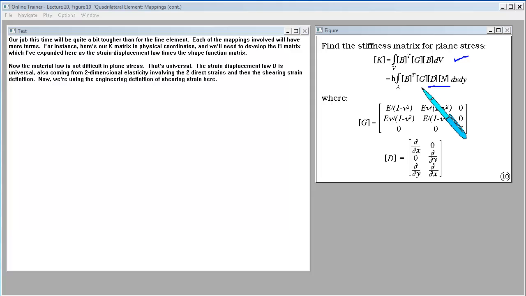Now the material law is not difficult in plane stress, that's universal. The strain displacement law D is universal, also coming from two-dimensional elasticity, involving the 2 direct strains and then the shearing strain definition. Now we're using the engineering definition of shearing strain here.